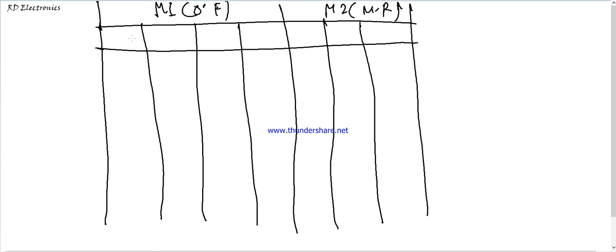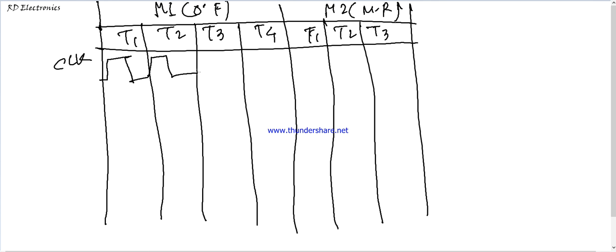So these are our T states: T1, T2, T3, T4, and again starting from T1, T2 and T3. Now this is the clock signal, which is present as high and low states.